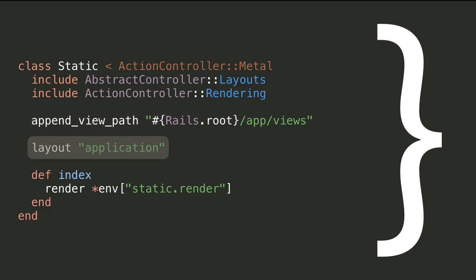Finally, we're going to set up the layout to be application, and because again we don't inherit from ApplicationController, we have to specify what the layout is. In this case, if you had a lot of static pages, you might want to use a different layout, such as static, that might be different from your normal application layout. Finally, we're going to define an index, and it's just going to render whatever we put into the static.render variable in the environment.